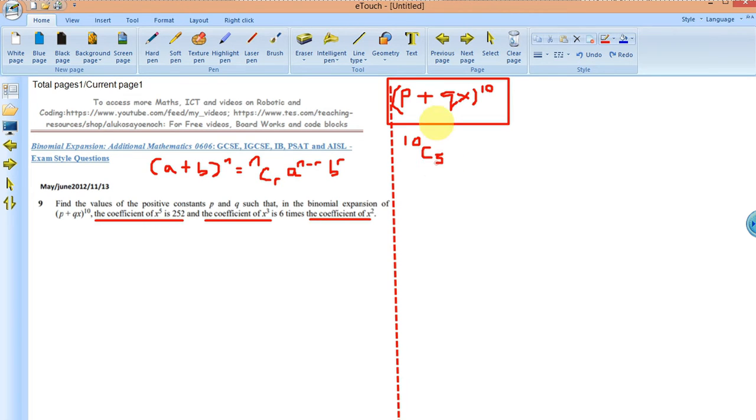This is my a, so that is p raised to power n minus r, so that is 5 minus 5, that is 5. Then b raised to power r, so that is qx.